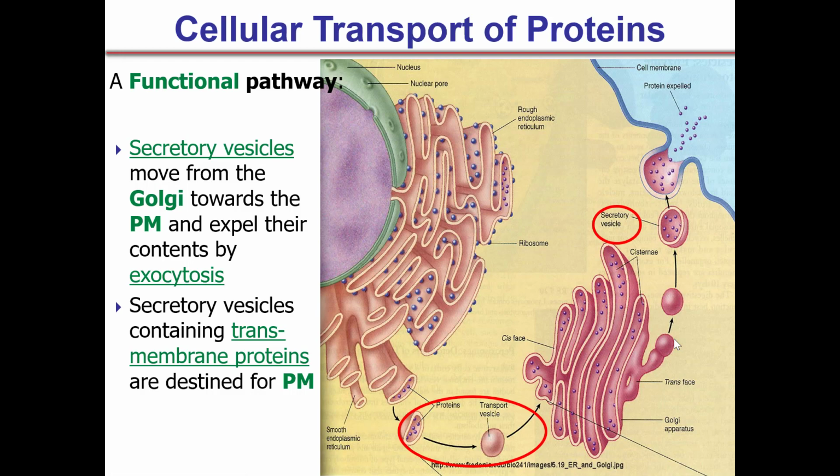This diagram I had when I was a student, so I copied it from my book. I like it because it shows from left to right the nucleus and how the rough endoplasmic reticulum is an extension of that nuclear membrane.